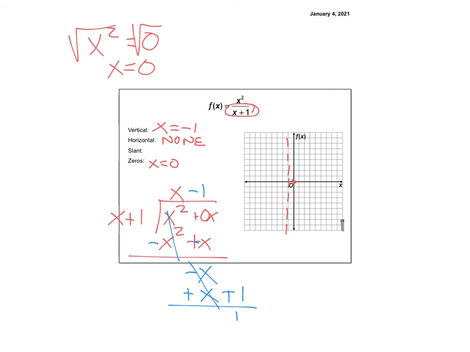All right, again, we got a remainder, but that's okay. x minus 1. All right, so again, that'll give me my slant asymptote. So I have my negative 1. And then I'm going to go up from there.